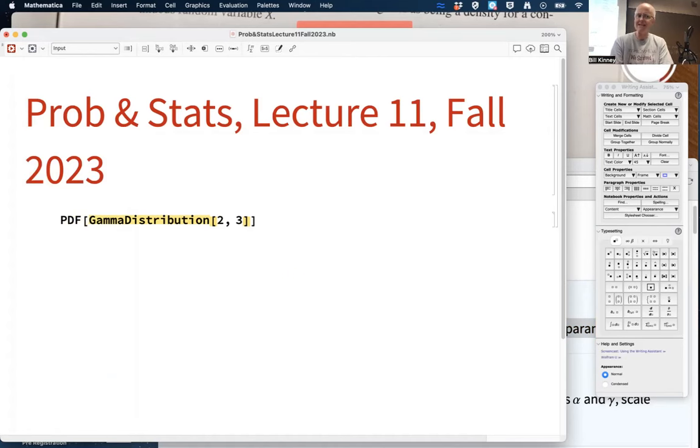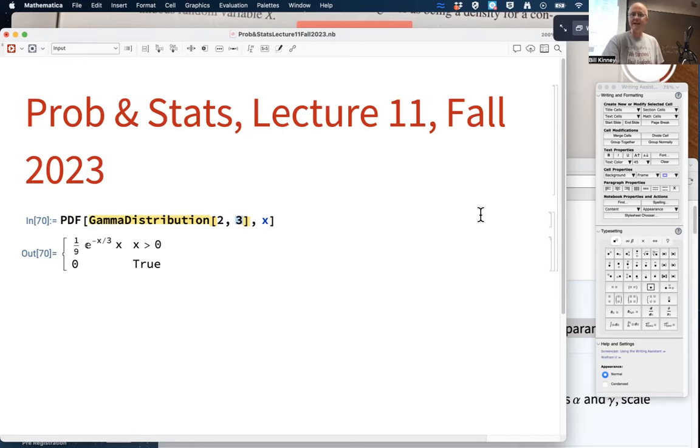Can I enter this as is? And is it going to give me the formula? No, I need to go over here, put a comma and an x to emphasize that that's what I want the variable name to be. So the input for PDF consists of two things. The first thing is the distribution you're talking about, then a comma, then the variable name. If I enter this with Shift+Return, I see the PDF when alpha is 2 and beta is 3.